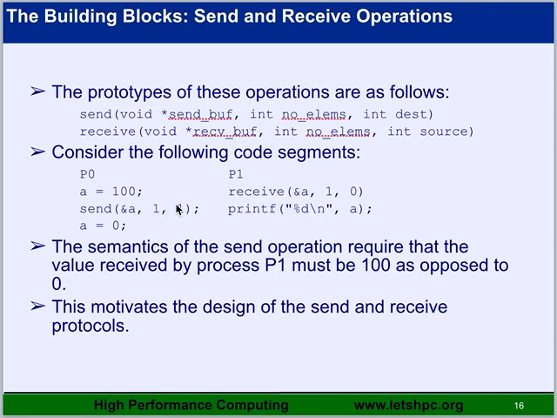From the buffer, it will directly reach the receiving process, that is P1, without CPU intervention. So the CPU is now free to do whatever comes next, like the next command, A equal to 0.